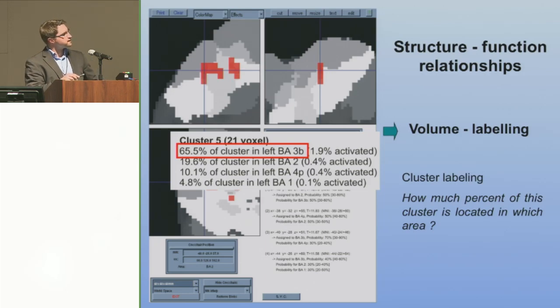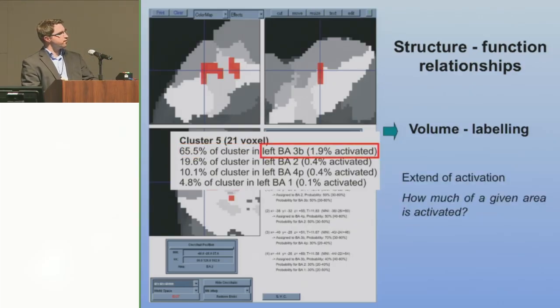And then we can express that overlap basically relative to the cluster volume. So here, about two-thirds of that cluster was located in area 3b. Or we can do it relative to the area volume. So in that case, only 2% of area 3b is activated.